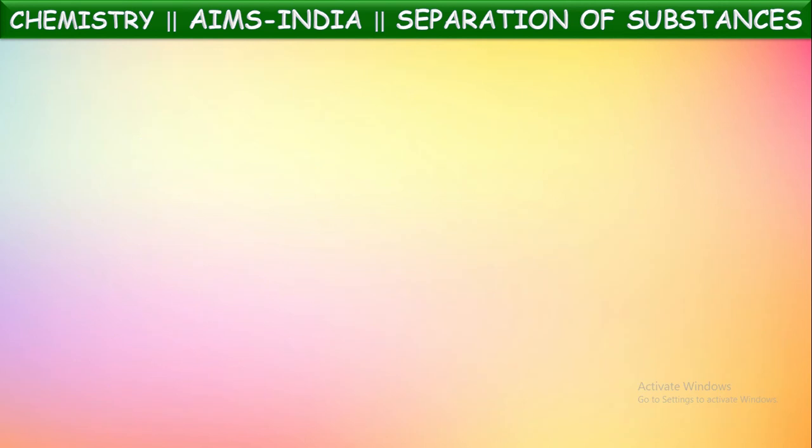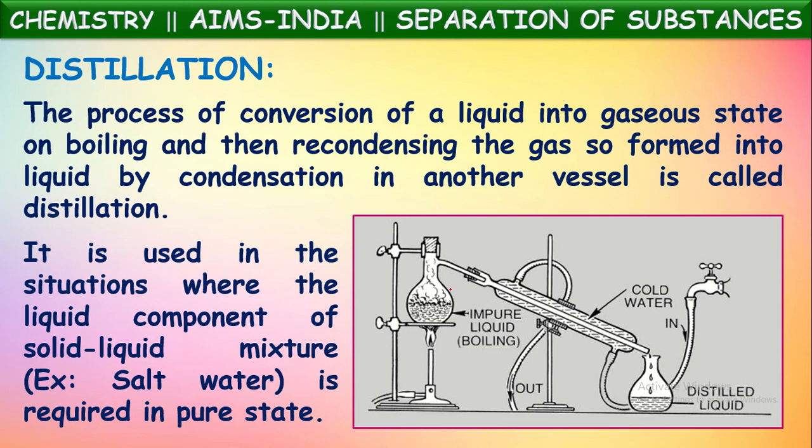Okay, so let us see once again what's happening here. The mixture of the solid and liquid is taken into a container, and it is connected to one delivery tube and closed. Now on heating this mixture like salt water, what happens? Water starts evaporating.